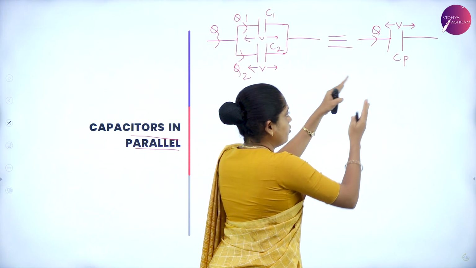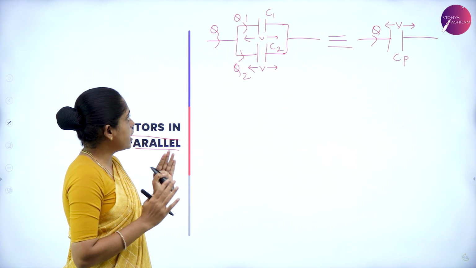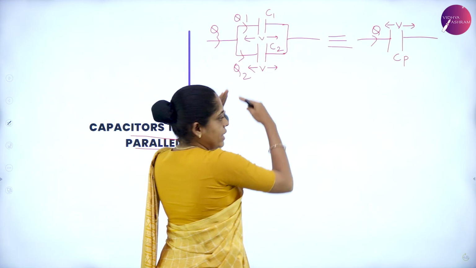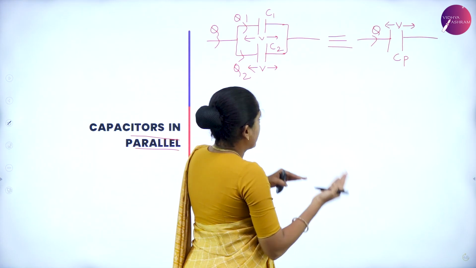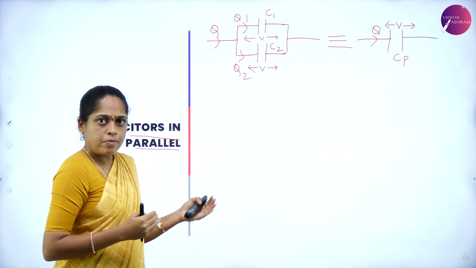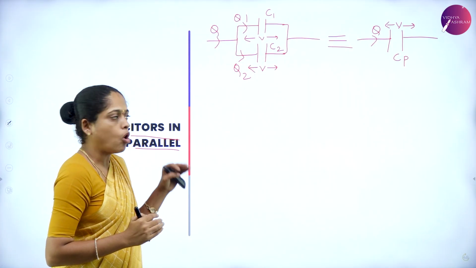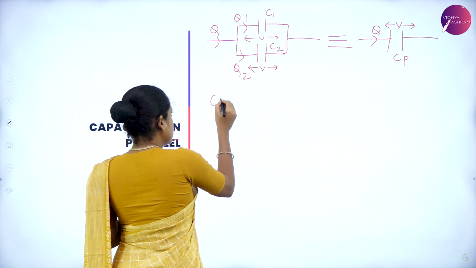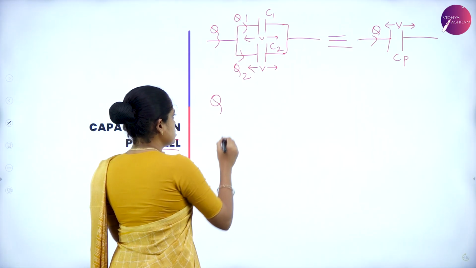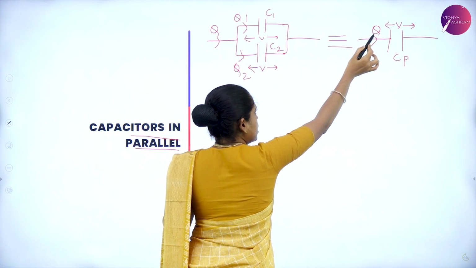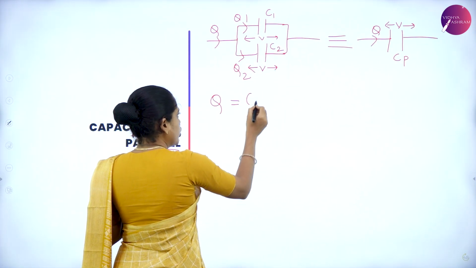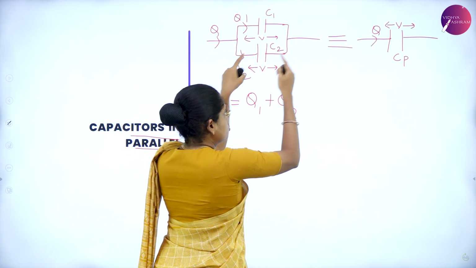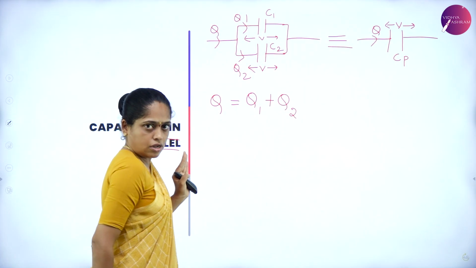Now, what is equivalent capacitance? It is the capacitor which replaces these two capacitors in parallel and produces the same effect as that produced by the combination. Now, what quantity is divided? Consider that here the charge is divided. This charge is equal to Q1 plus Q2 because we replace these two by the single capacitor.